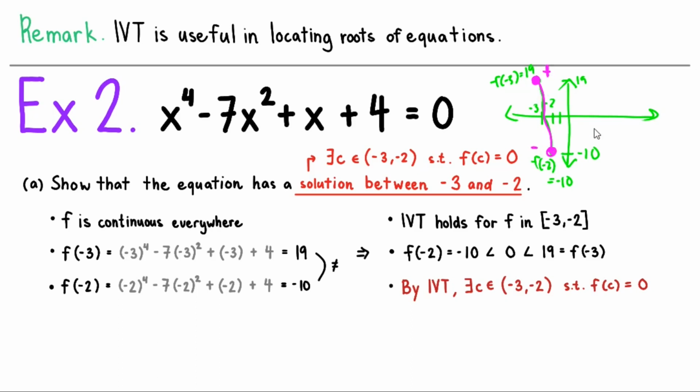And since f is continuous, we are sure that it would pass through the horizontal line. So we know that it will pass through y equals 0 out here.